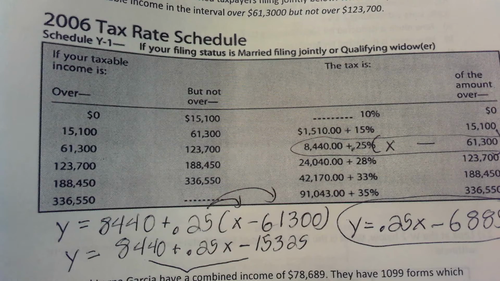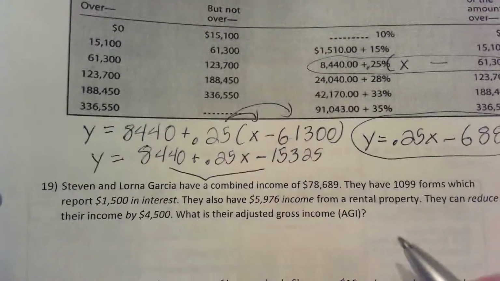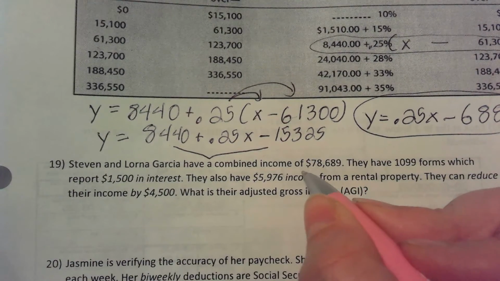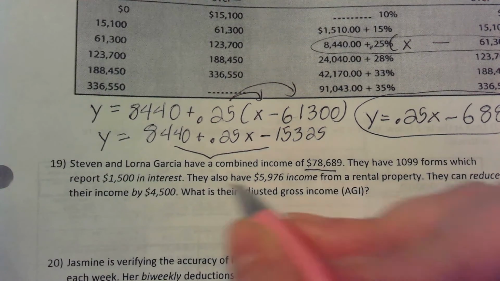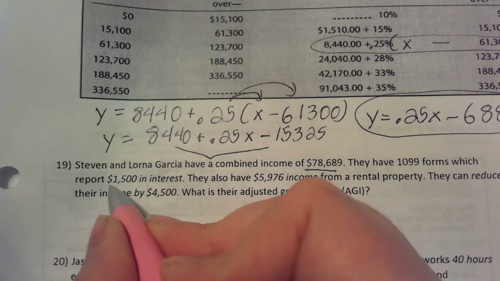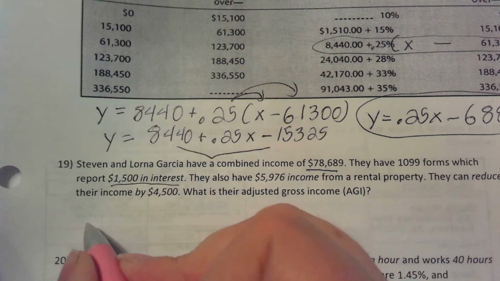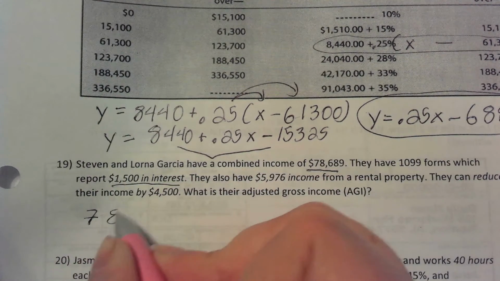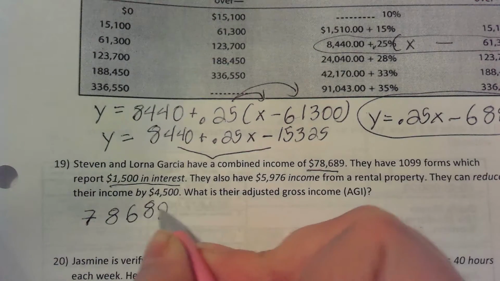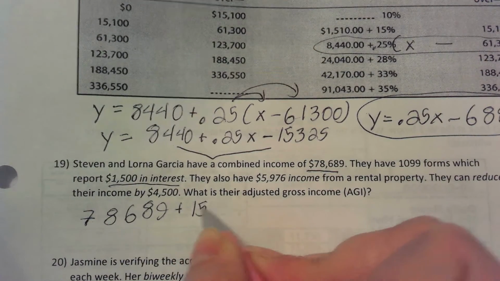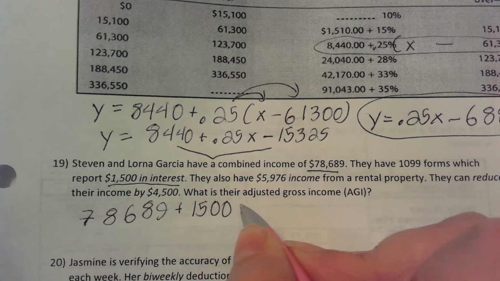Okay, so number 19. They have a combined income. So this is their combined income. They have reported interest. Remember, everybody, interest means that we have to add that on. So we're going to have to add the 1,500.